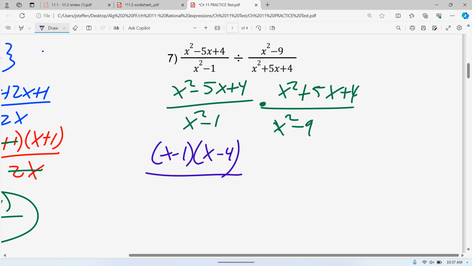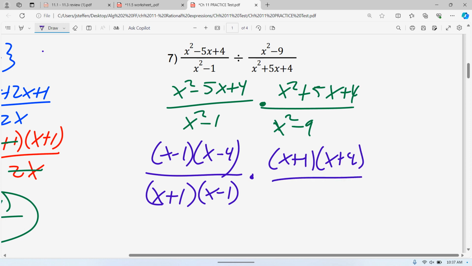This is x squared, 1 times 1 is 1. So x plus 1, x minus 1. Then the factors of 4 that add up to be 5 are now x plus 1 and x plus 4. And then we have x plus 3, x minus 3.